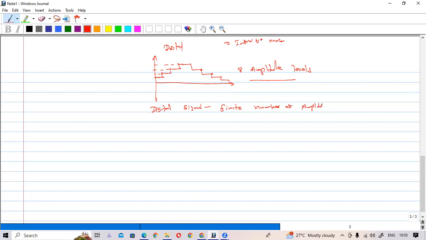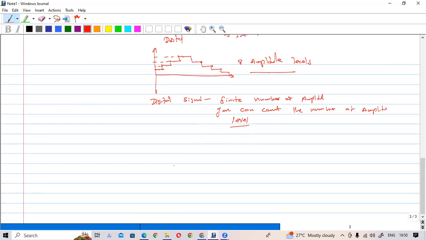You can count the number of amplitude levels. That is a digital signal. So you have an analog signal and you have a digital signal.